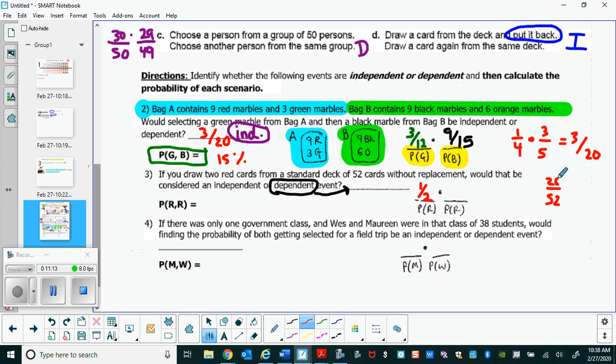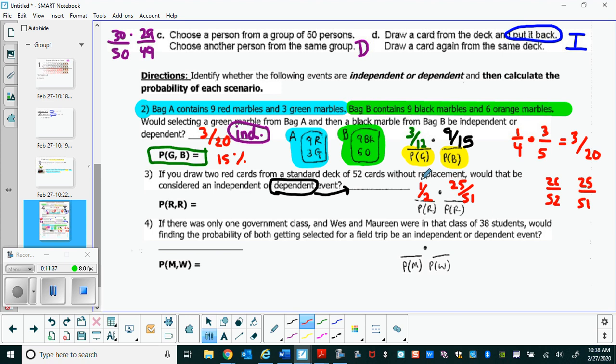Now, if you take a red card out, there's only 25 of them left, and there's only 51 cards left in the deck. So you don't have to put 26 over 52. You can go ahead and put a 1/2 here because that reduces. But then for the next one, we've got that it's a 25 out of 51.